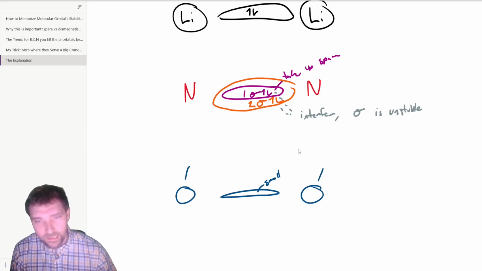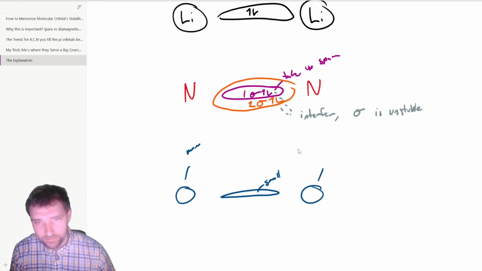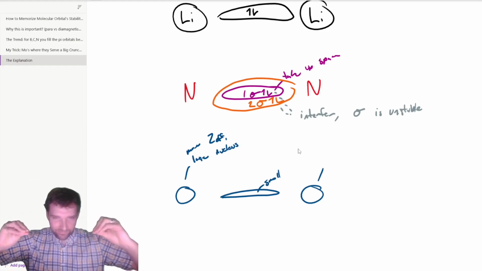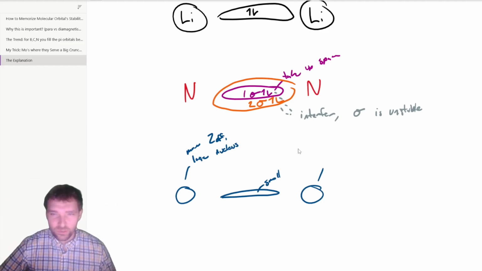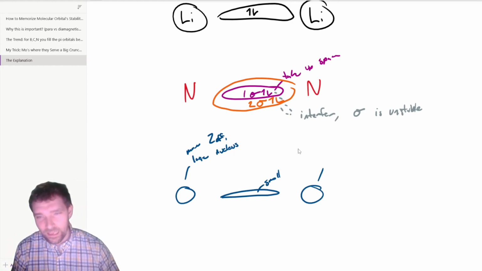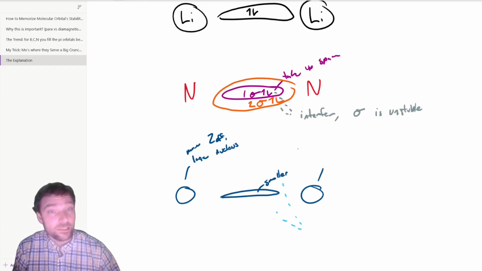Because these have more like Z effective or like a larger nucleus, that means that these electrons are getting pulled into like a tighter area, and so they don't interfere so much with the 2 pi. And so this being smaller means there's less interference with the next energy level that's present.